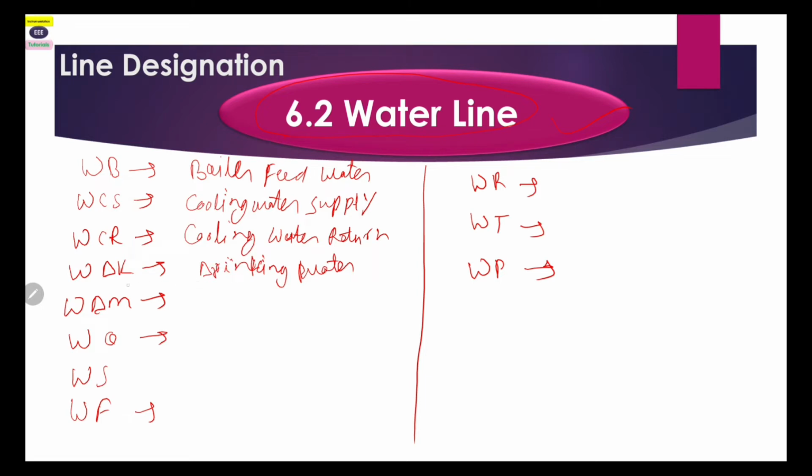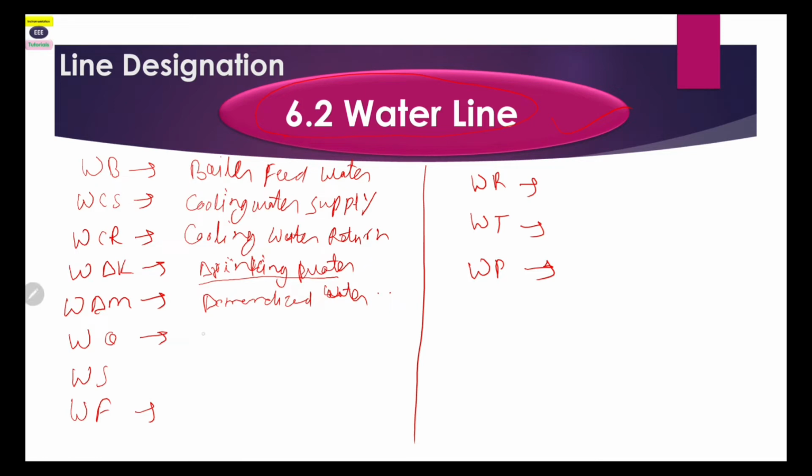So if you have seen WDK written on your line, then it simply says the line is for drinking water. WDM is demineralized water. Demineralized water is generally used for some heat exchangers, for generating steam and some other purposes. So this is the meaning of WDM.